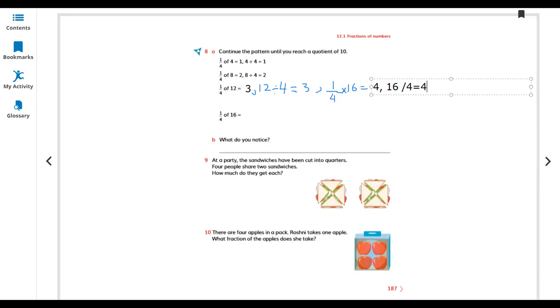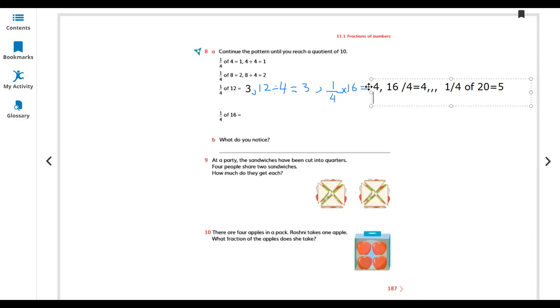4 times 16. After this, next 1 by 4 of, after 16 we are using 20. It's equal to 5, and then we can write here 20 divided by 4 equals 5.